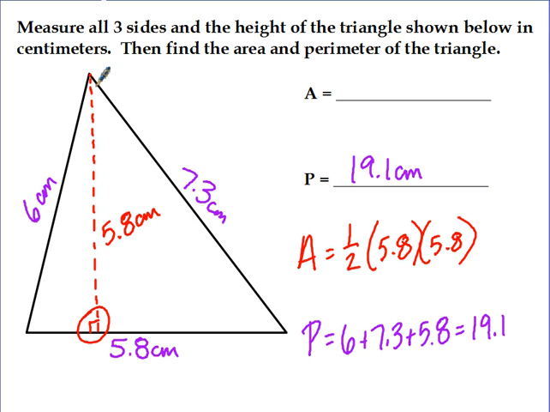And if you had started here and drew your line this way, then that line would be your height and 6 would be your base. So you can choose. Wherever you draw your height, that's the base that would go with it. So I did that one, and my area ended up being 16.82. And again, we're always going to round to one decimal place, so 16.8 centimeters squared.